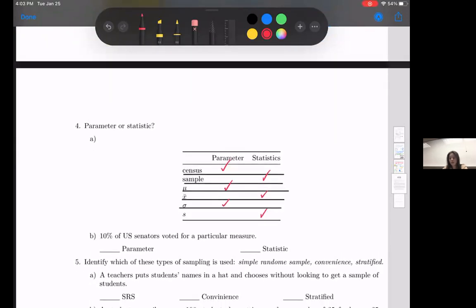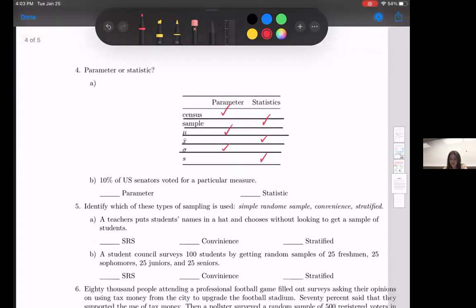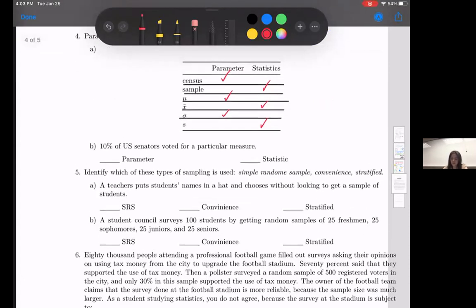Sometimes it's similar, because with an odd number, maybe you get lucky, but an even number is always different. They use something different. I don't know what they use, but it's always different. Even Google Sheets or R, they're all different. All right, 10% of US senators voted for a particular measure, parameter or statistic?